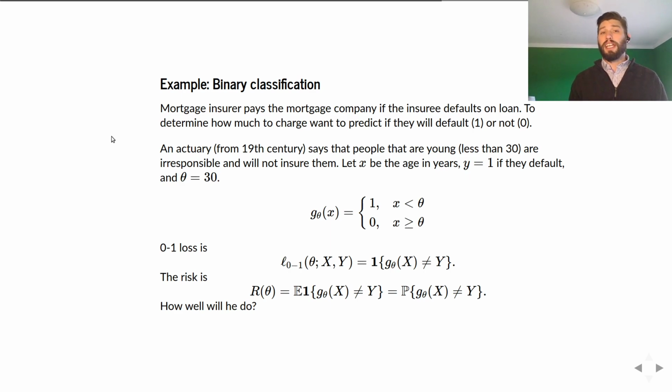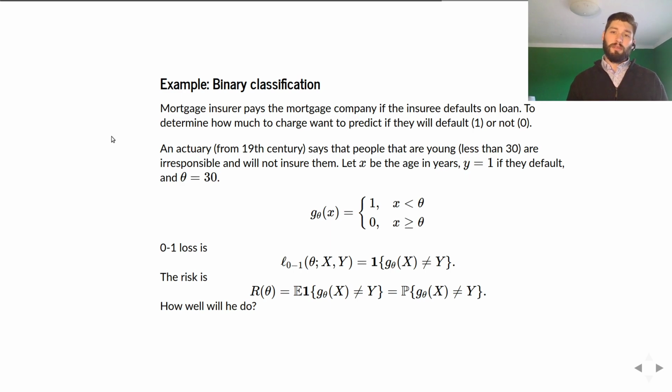So for example, if an actuary says that people who are young are irresponsible and more likely to default, then really this person is giving me a prediction function, right?